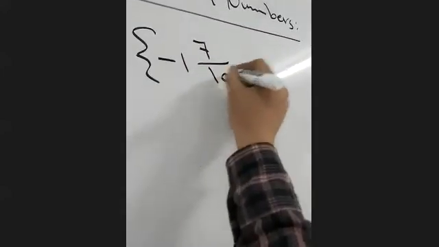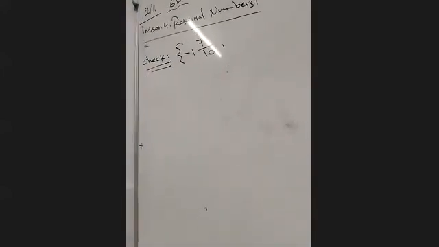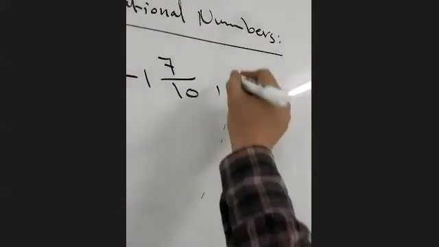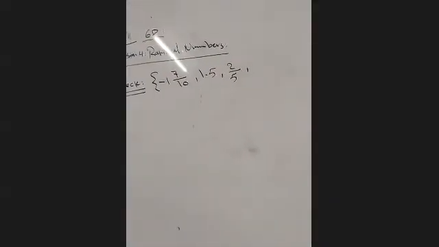Okay, guys, sorry. Let's go to this check. Under this example, we have a group of numbers: -1 and 7/10, 1.5, 2/5, -0.6.